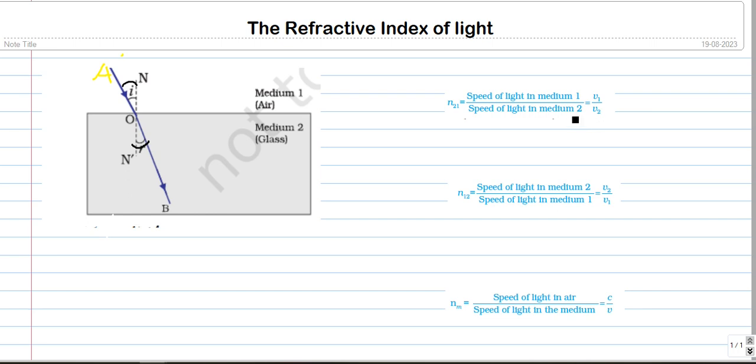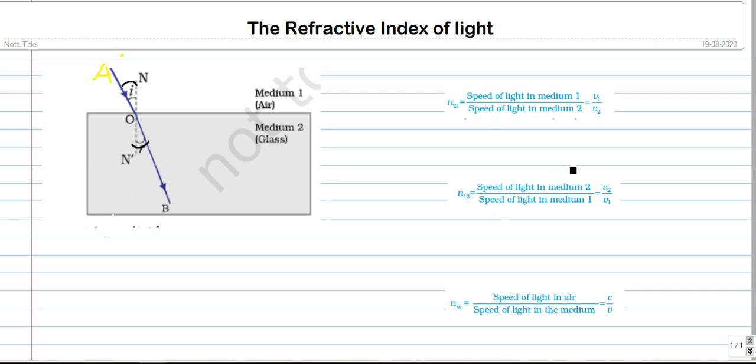So this V1, which is the speed of light in medium 1, divided by the speed of light in medium 2, V2. Similarly, we can write N12, which is the speed of light in medium 2 divided by the speed of light in medium 1. So this is the refractive index of air with respect to glass.